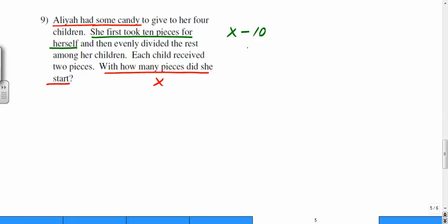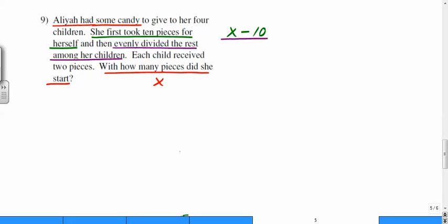X minus 10. And then evenly divided the rest. So whatever was left in the number of candies, she evenly divided that among her children, right? So guys, what was left? X minus 10 candies was left. She evenly divided the rest among her children.